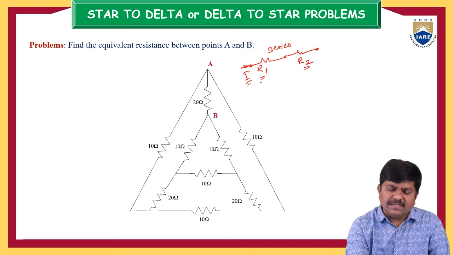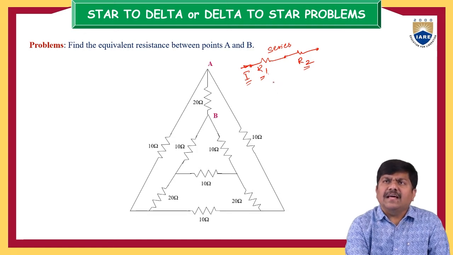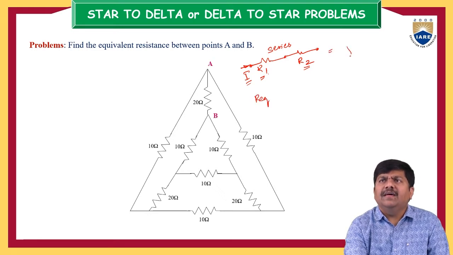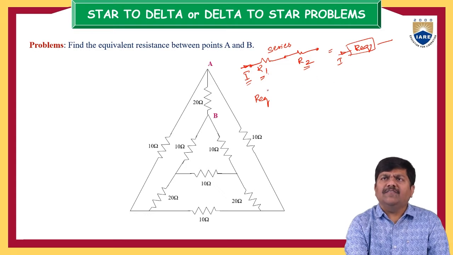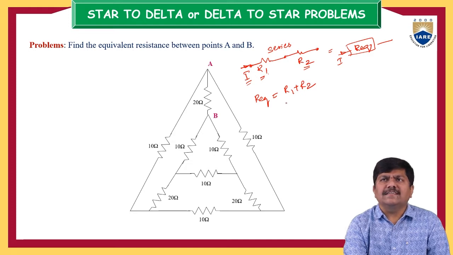This is about series. Once the connection between them is series, the equivalent resistance can be represented as follows: the current is I, and the element is the equivalent resistance, R equivalent. R equivalent is nothing but R1 plus R2. Whenever resistances are connected in series, the equivalent resistance is R1 plus R2.